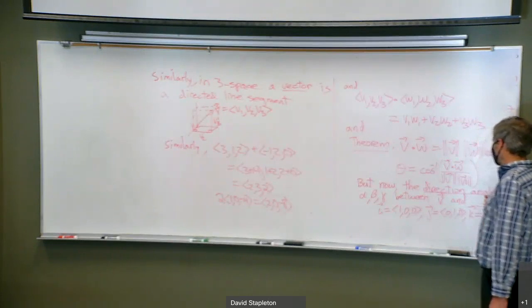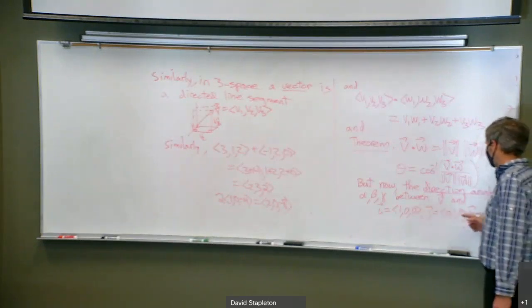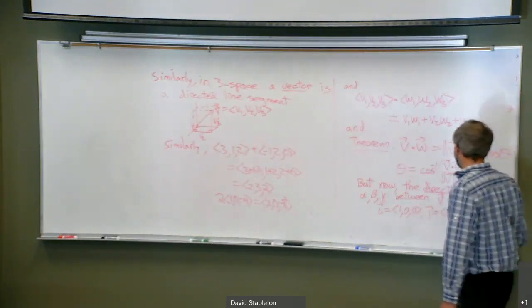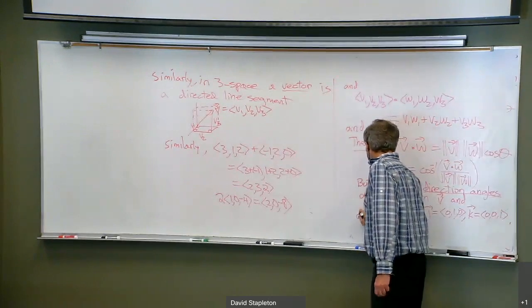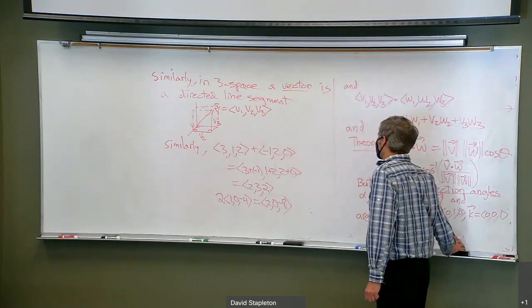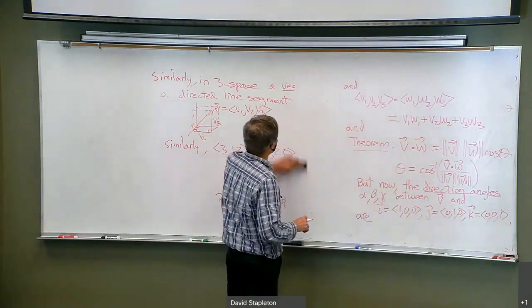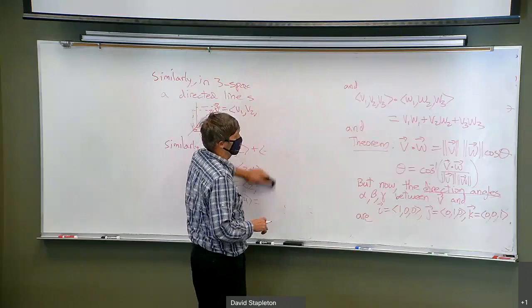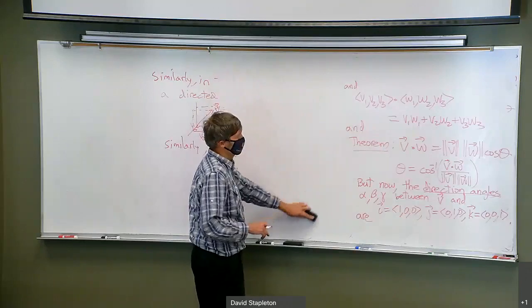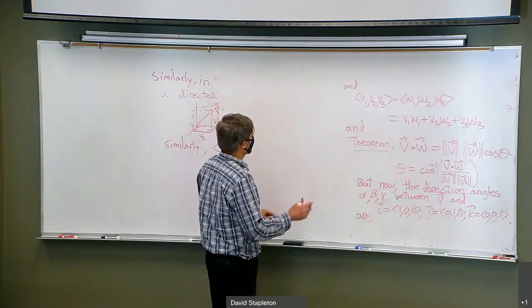The direction angle between a vector v and these three unit vectors moving along the axes, what are they? Turns out they're very easy to find, these angles between the axes and any vector. And sometimes that's useful, right? If you're in construction or something, you want to know what angle to turn things at.